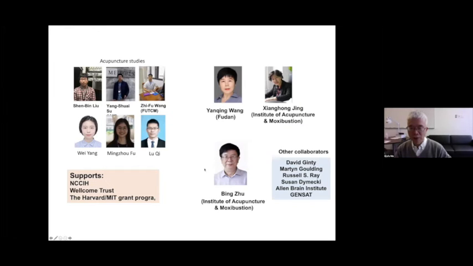It provides a fairly important entry point, a starting point, for us to map the unique somatosensory autonomic pathway. Yanqing Wang in Fudan and Xiang Hongjing, the current president of the Institute of Acupuncture and Moxibustion in Beijing, sent the first generation of students and postdocs, Shanbing Liu, Yangshuai Shu, Qiufu Wang. They came to my lab to set up the acupuncture study in 2016, and other students and postdocs helped. So I will stop here to answer your questions.